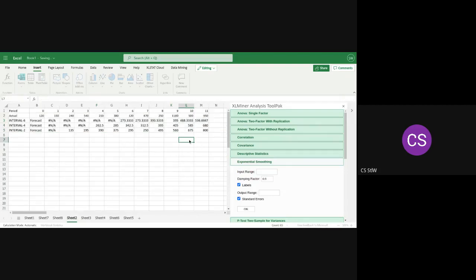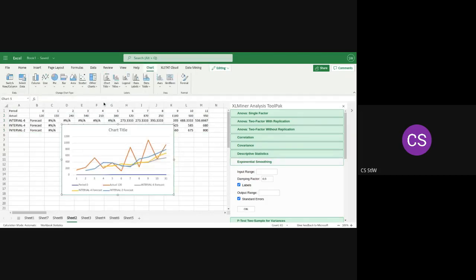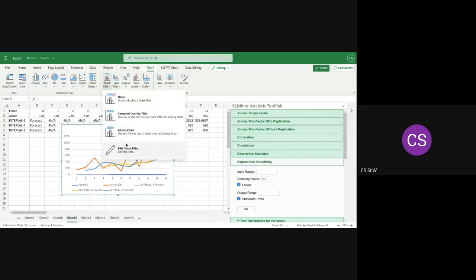Okay, just click on it. And then when you're creating it, here you see you shall have the option chart title. So edit.